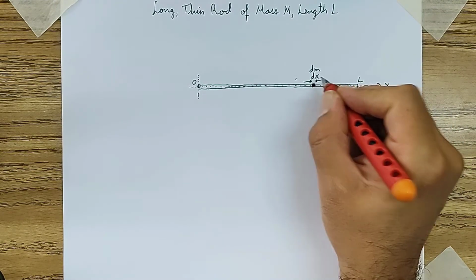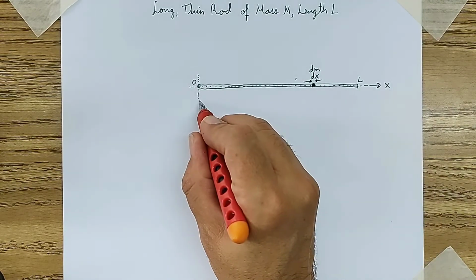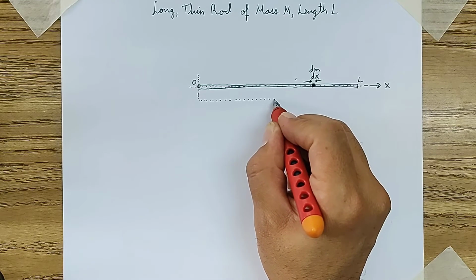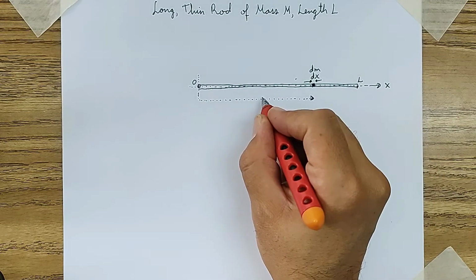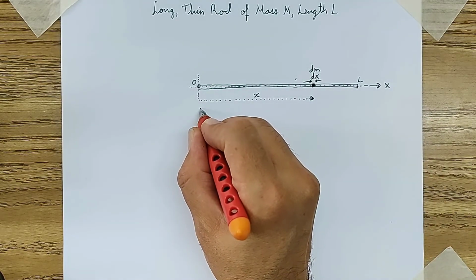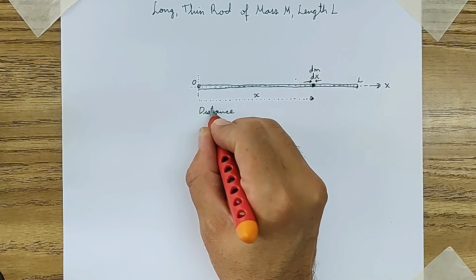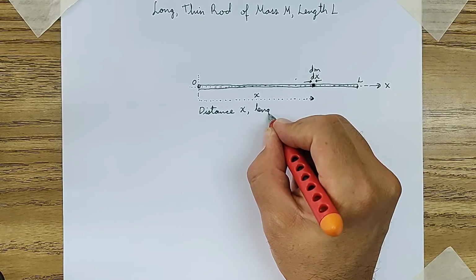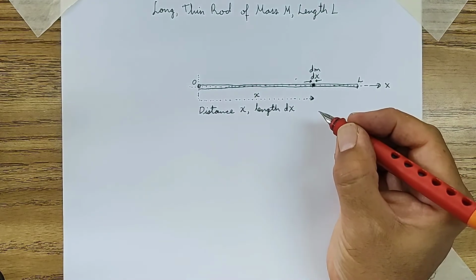We are going to say that that length is the differential of position, dx. We shouldn't confuse the differential dx with the actual position from the origin, which is the value of x. So basically, what we are saying is that the distance from the origin is given by x, while the length of the mass differential is dx.